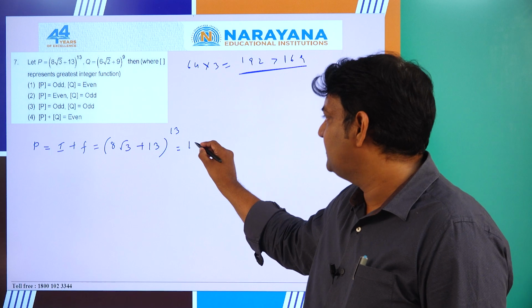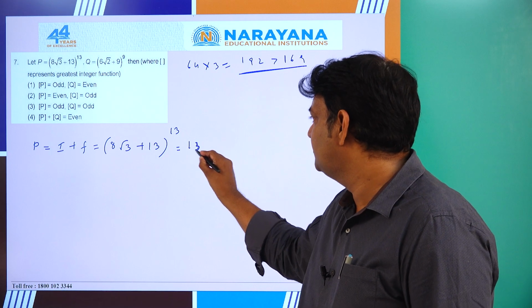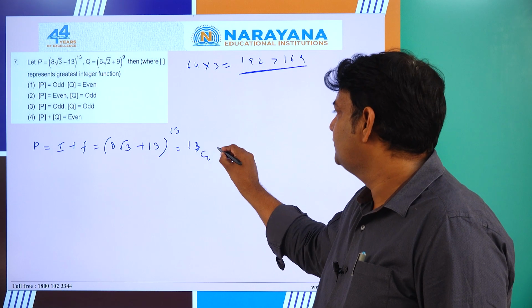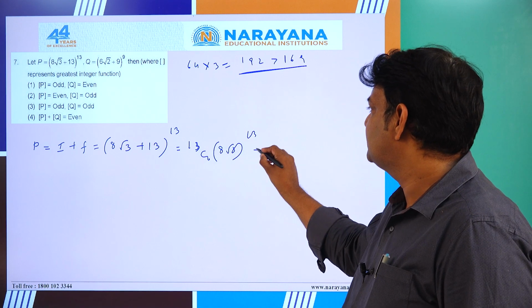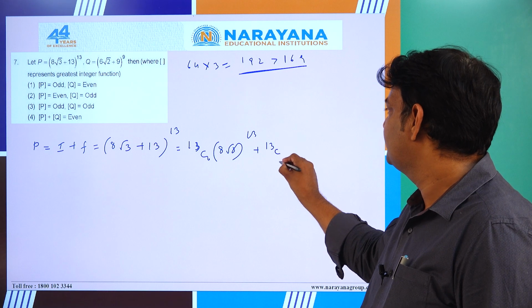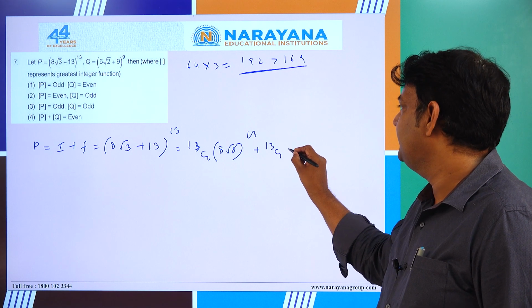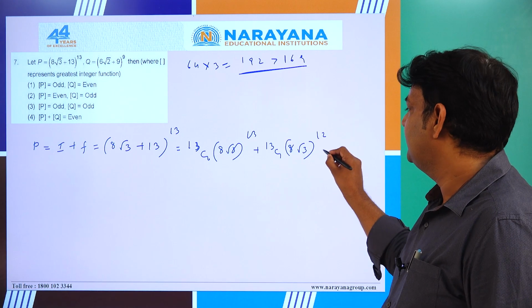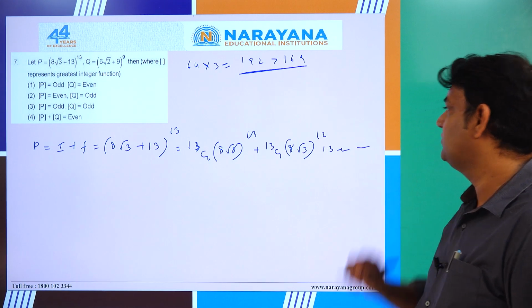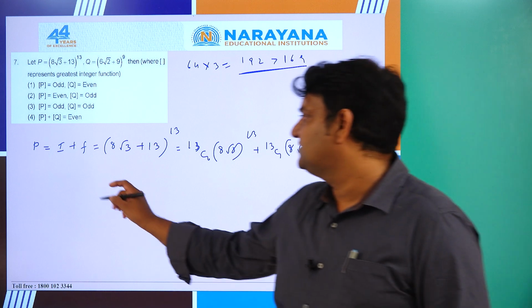So what is the expansion? Let us write 13C0 (8 root 3) power 13 plus 13C1 (8 root 3) power 12 into 13, and it will keep on going like this. Now we will consider f dash.